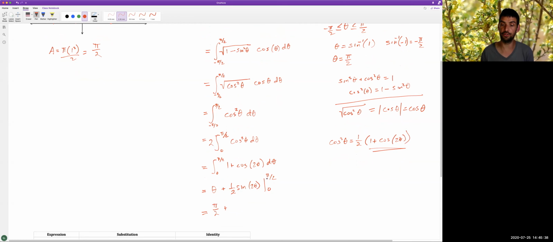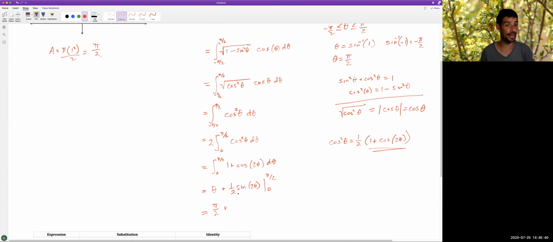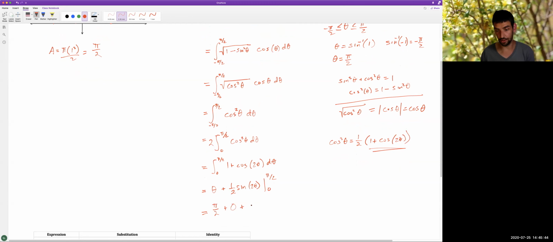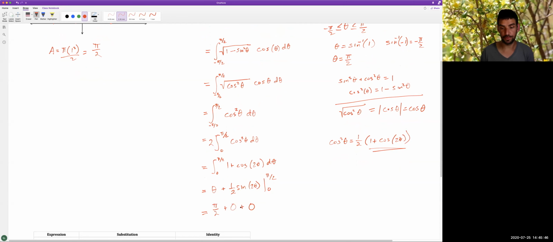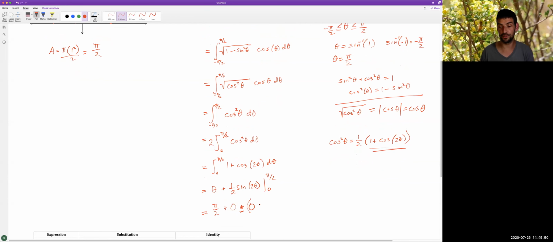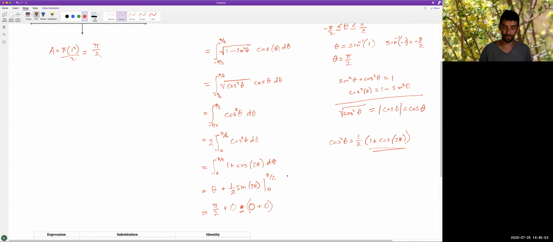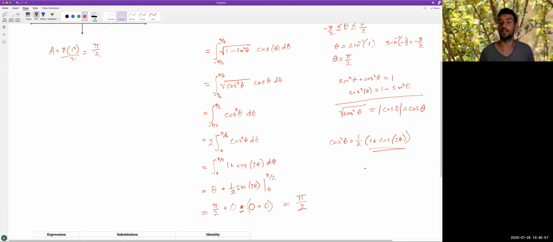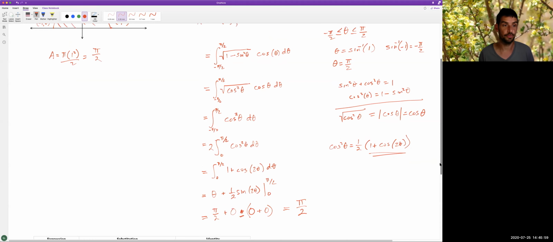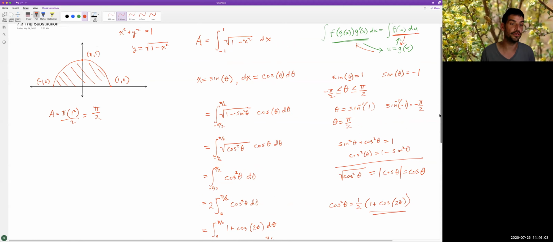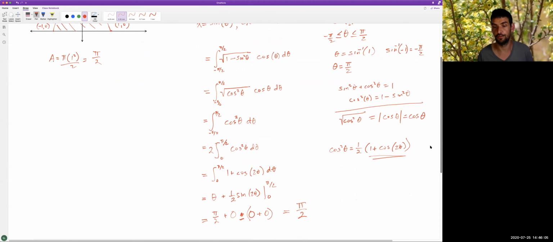So sine of 2 times pi over 2 is sine of pi, which is 0, plus, now I'm putting in 0 for theta, minus, oops, this should have been a minus. Doesn't matter since it's zeros. Sine of 0 is 0. So everything else after that pi over 2 becomes a 0. And we get the answer pi over 2, which is, of course, the same as the answer we got using the familiar geometric formula.